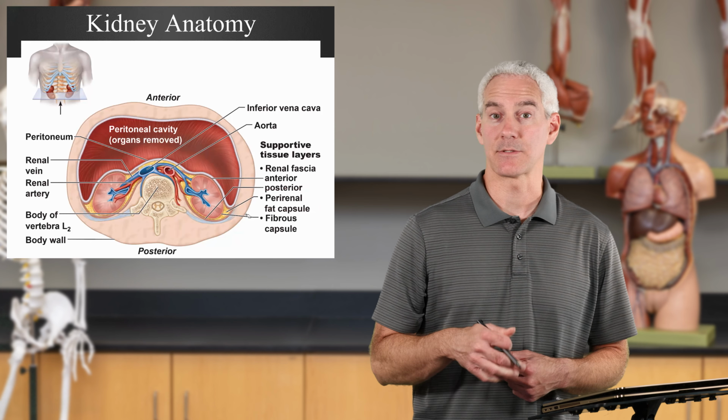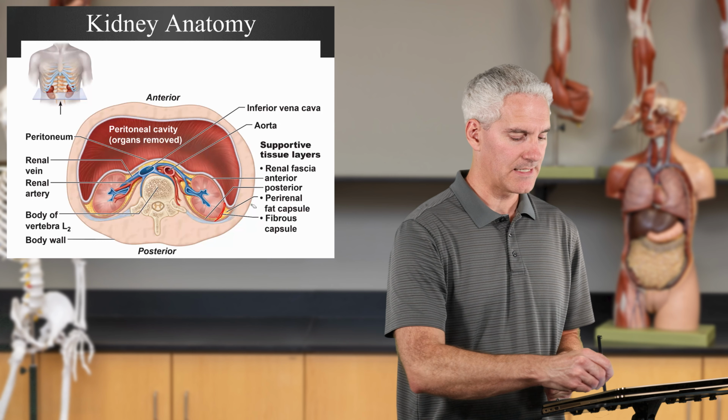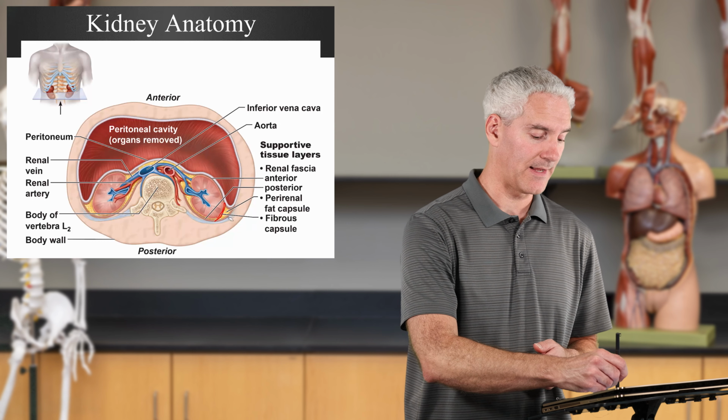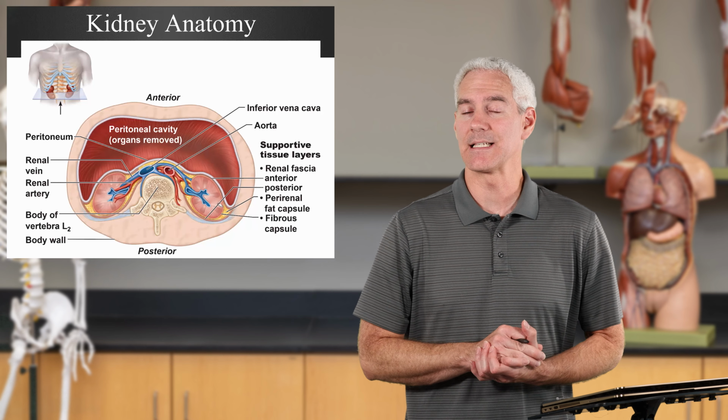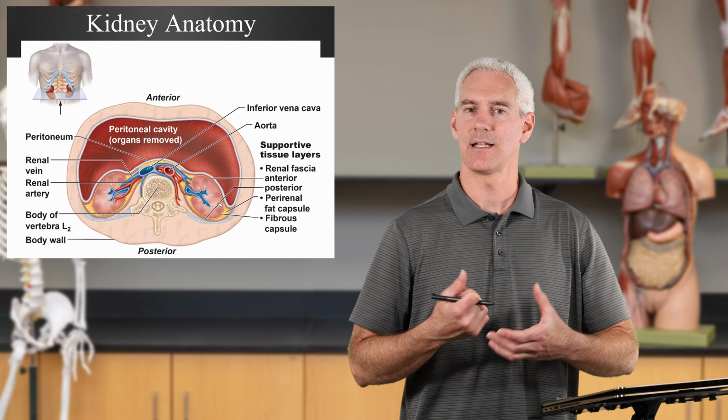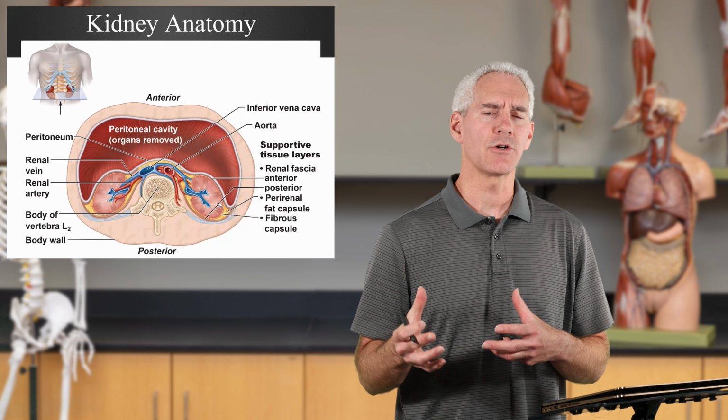And then the fibrous capsule itself. That's this layer that goes right around the kidney, like saran wrap. So that is the fibrous capsule, helping to prevent any infection from getting into the kidney from the outside tissues. Now, sure, it can still get an infection in the kidney via where the bloodstream comes in, but it's not coming from the direct tissues around it.